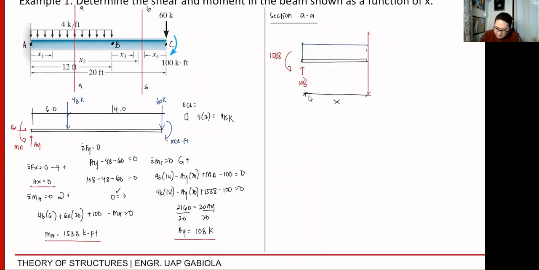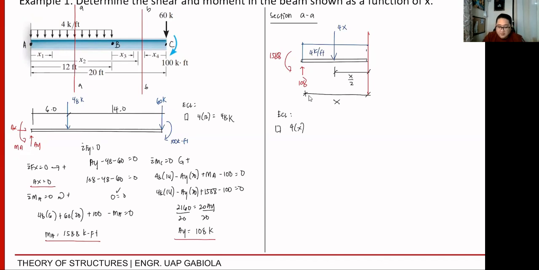So, yung equivalent natin o yung ECL natin will be equal sa, ito ay 4 kips per foot. So, we have 4 times X na yung value niyan. So, this will be 4X. Okay? Kasi X na yung base natin. Then, dapat kunin natin tong distance na to. Yung distance ng ECL, that is X over 2 o half niya.